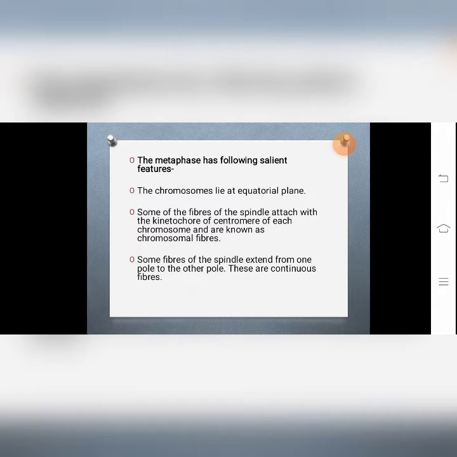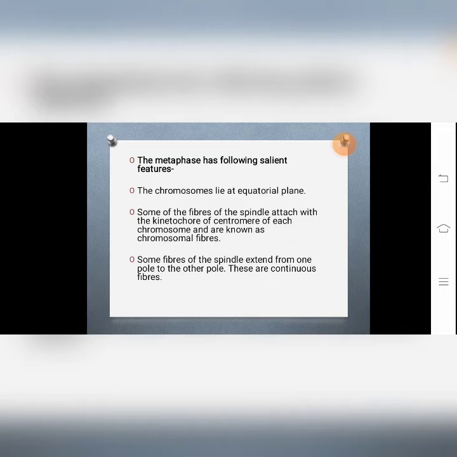Second, some of the fibers of the spindle attach to the kinetochore of the centromere of each chromosome, and they are known as chromosomal fibers. Whereas some fibers of the spindle extend from one pole to the other pole, and these are called continuous fibers. Clear?